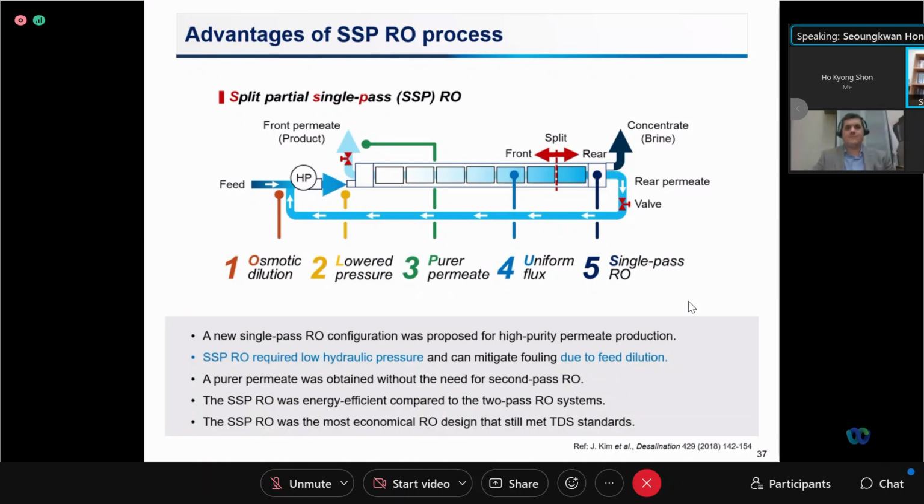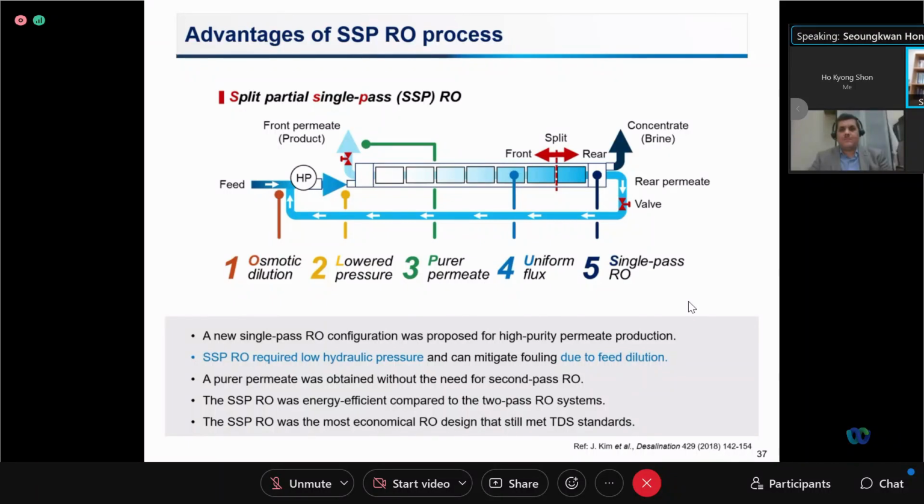In this way, only the front permeate is collected, which is relatively low in salinity, and the rear permeate is mixed with the feed to reduce the osmotic pressure of the feed stream. The dilution not only lowers the feed osmotic pressure, but also allows the system to produce low-salinity permeate from the diluted feed.